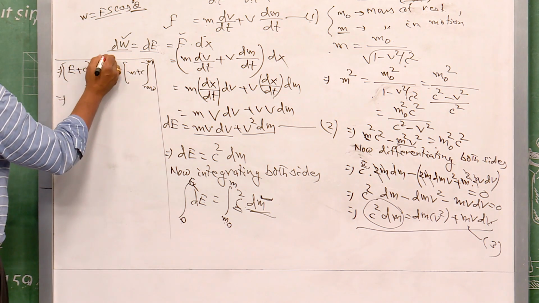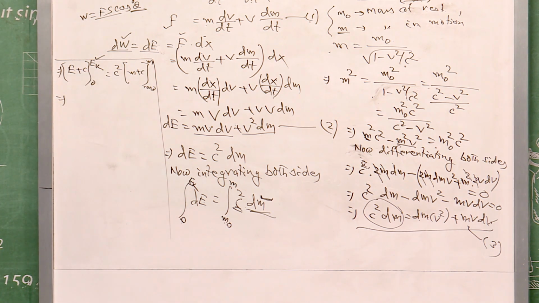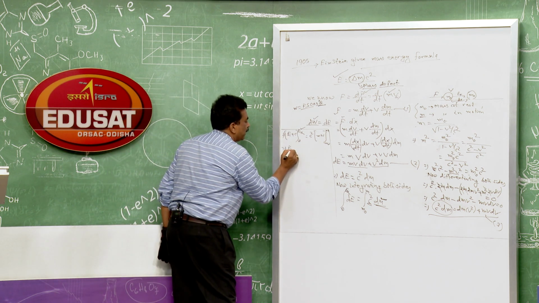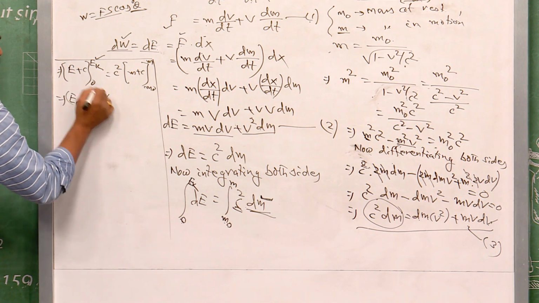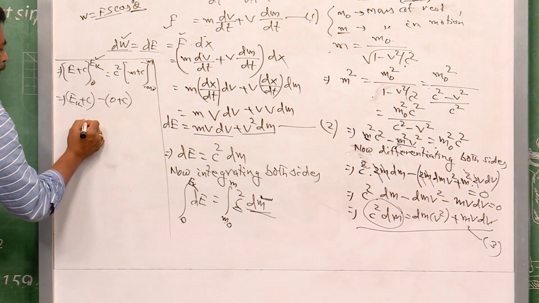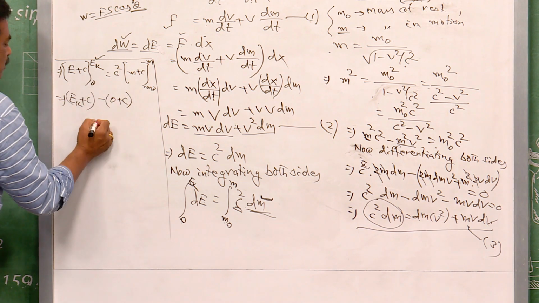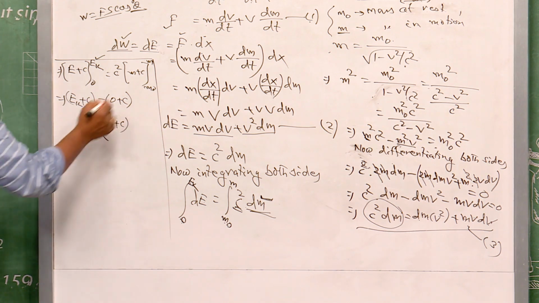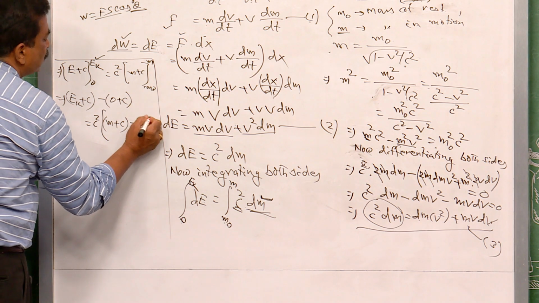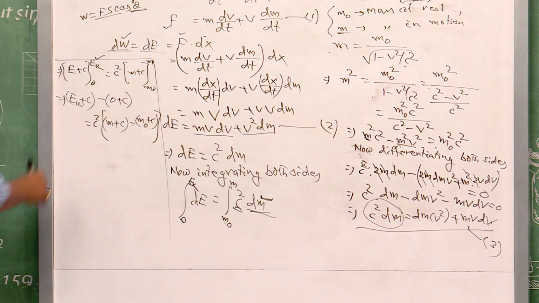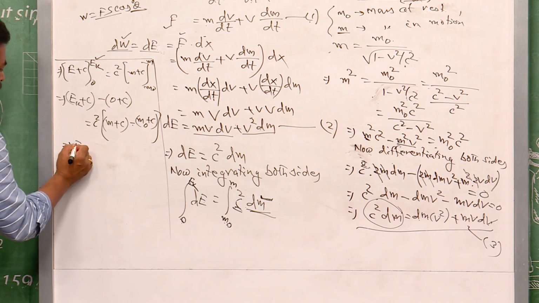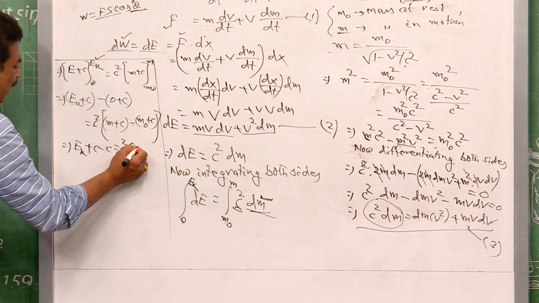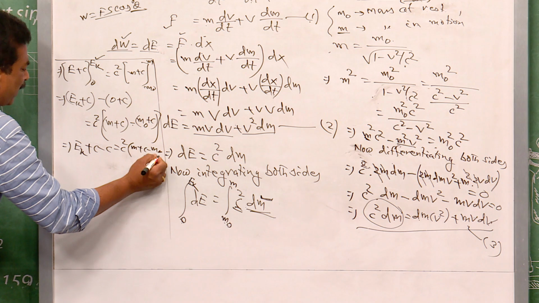So how do you put the limits? First you put the upper limit, then the lower limit, and subtract. The upper limit gives Ek plus c, minus the lower limit 0 plus c, which equals c square of the upper limit m plus c, minus the lower limit m0 plus c.